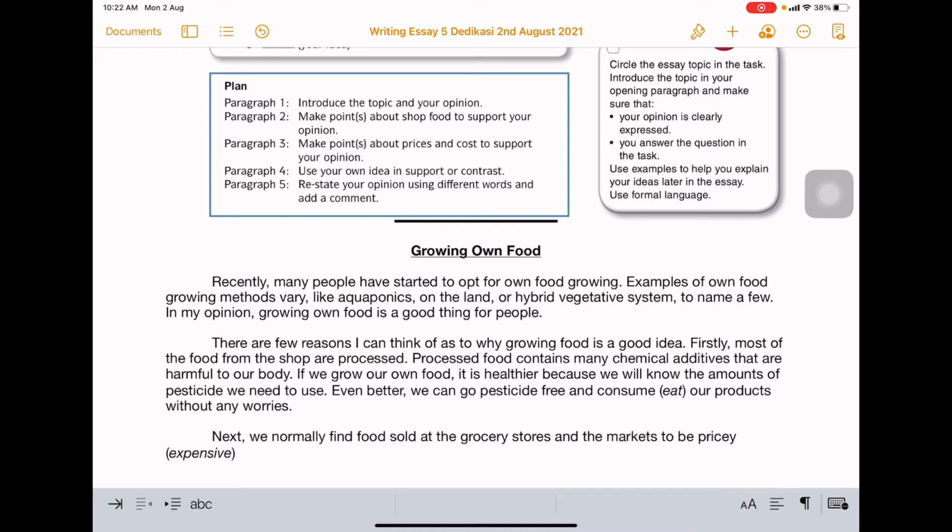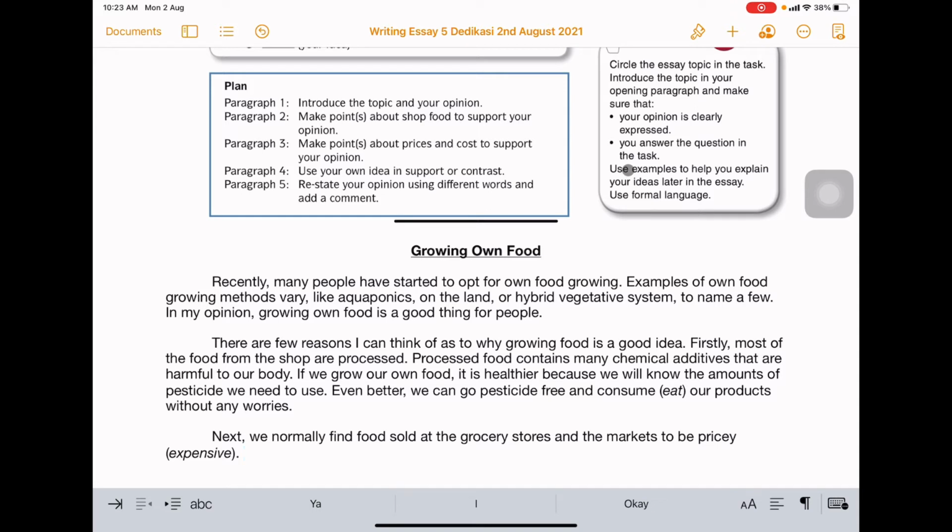I prefer to use the word pricey so that people will know the value of that thing is very high in the market. Okay, back to here. Next, we normally find food sold at the grocery stores and the market to be pricey. Pricey, enough. And then after that you can give an example.